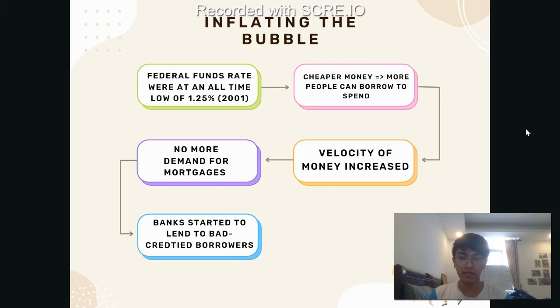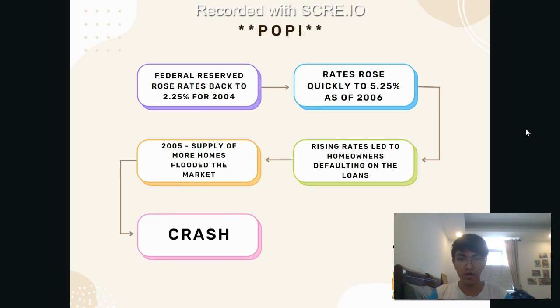So, as more demand for these mortgages increased, more bad creditors entered the market as good creditors were drying up. You can say the supply of good creditors that were willing to buy these mortgages dry up. So, banks started lending to bad credited borrowers, and it burst due to several reasons.